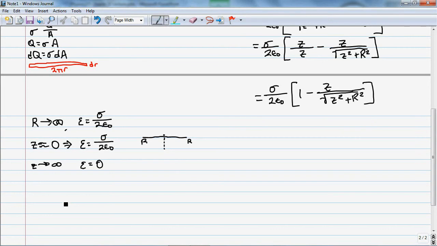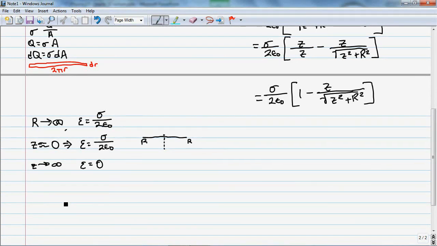And how can that be? Well, think about it that we're distributing the charge over the surface, but we're so far away and the charge becomes so distributed along that surface that at infinity I really can't see it because of that spreading out of the charge. So that is why the electric field appears to go away when z is at infinity.